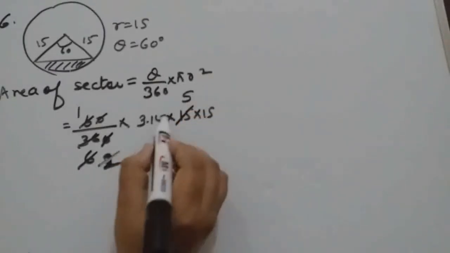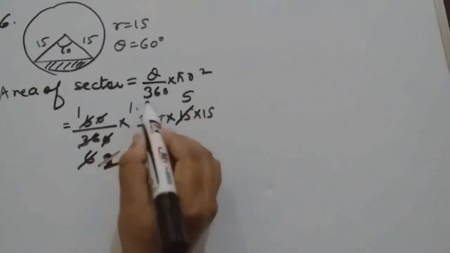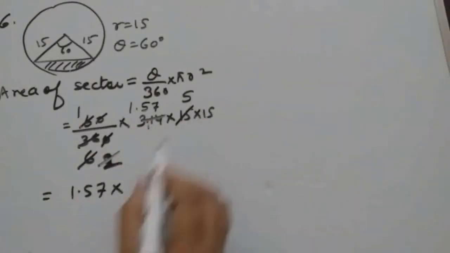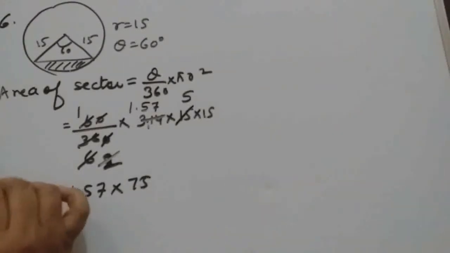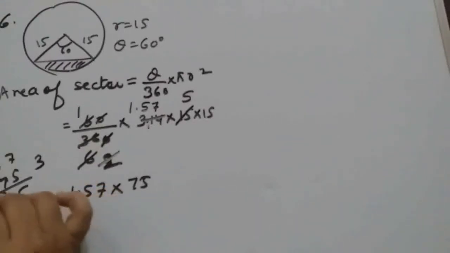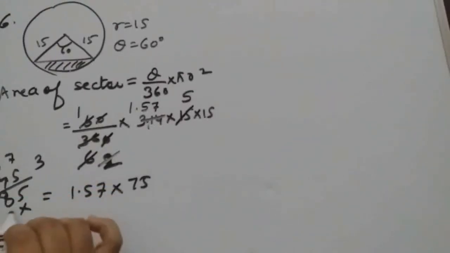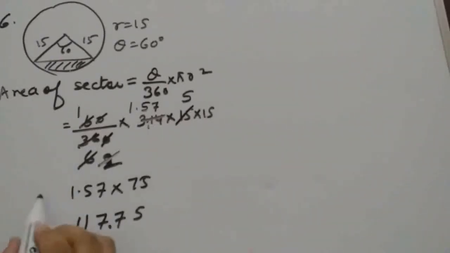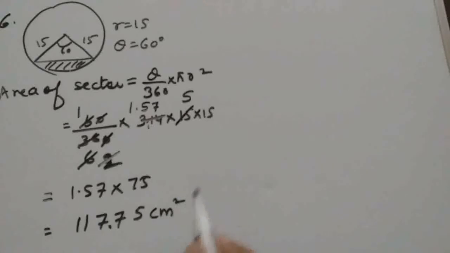From 2 we can cancel this one. Okay, 2 5s are 10. So 1.57 into 15 5s are 75. So from 75 we can multiply this. So answer will be 117.75. Okay, so this is centimeter square.